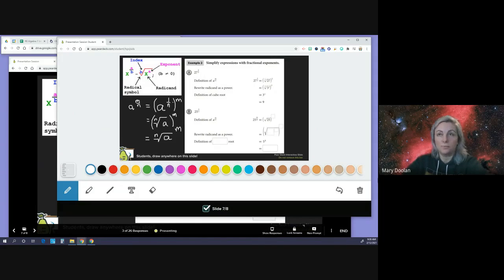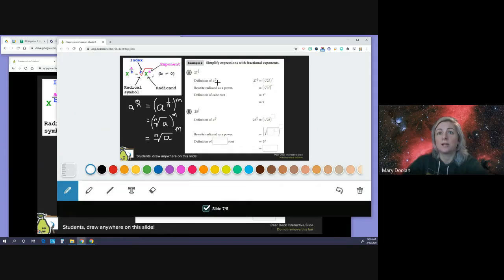All right, so the rule here is the definition of a to the m over n. I take the numerator of the fractional exponent, which in this case is m, which is 2, and that becomes my exponent out here. All right, so this number here went there.